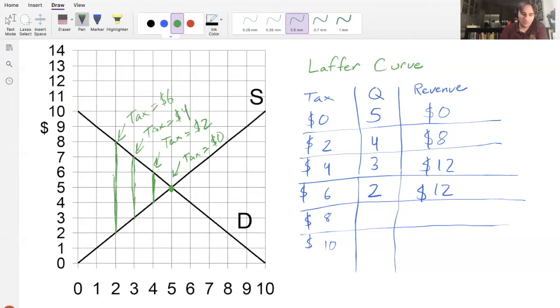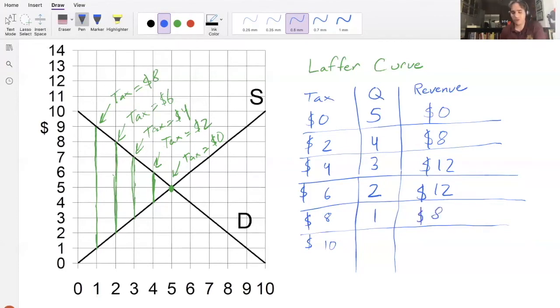Let's keep going with an $8 tax. We can fit that right here, at quantity 1, where the price of demand is $9 and the price of supply is $1. So here we have just 1 unit transacted. $8 on the tax, 8 times 1, is 8.